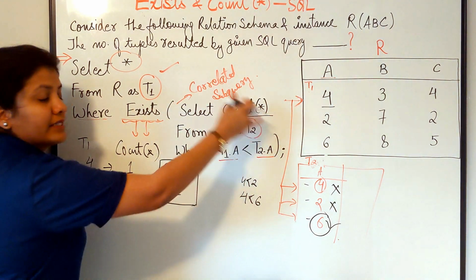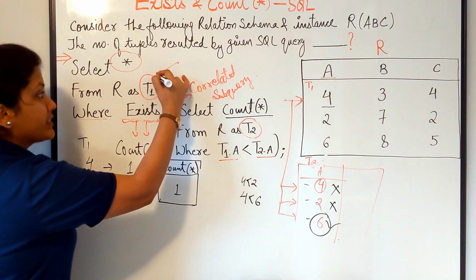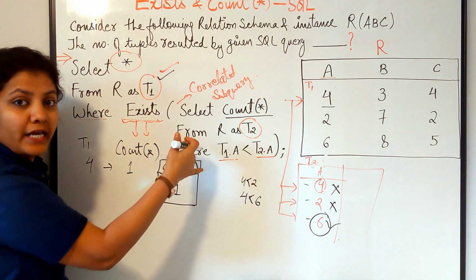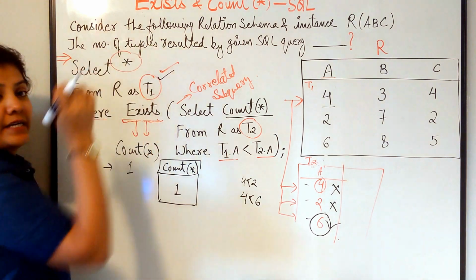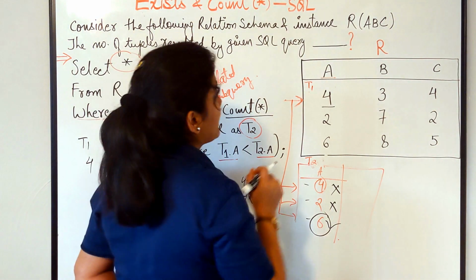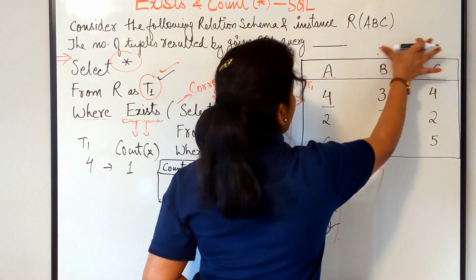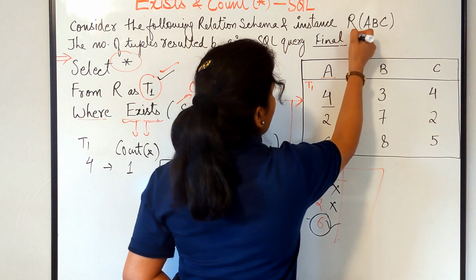Once you get this as some relation, this becomes true, and the tuple for which we were working will get selected here. So if I have to write somewhere my final output, I would write it here, the final output.